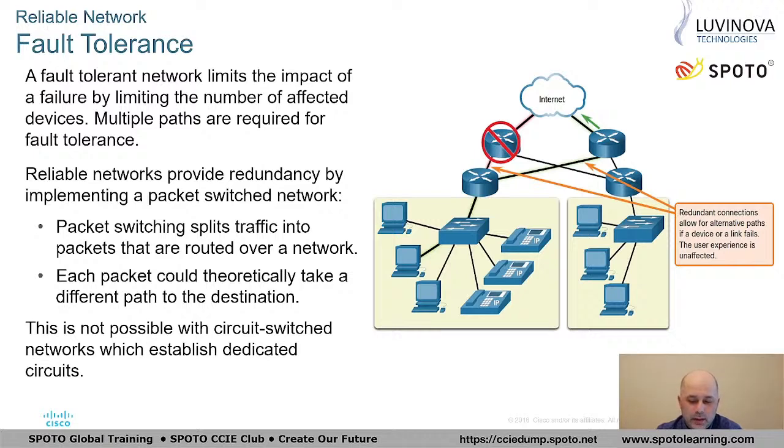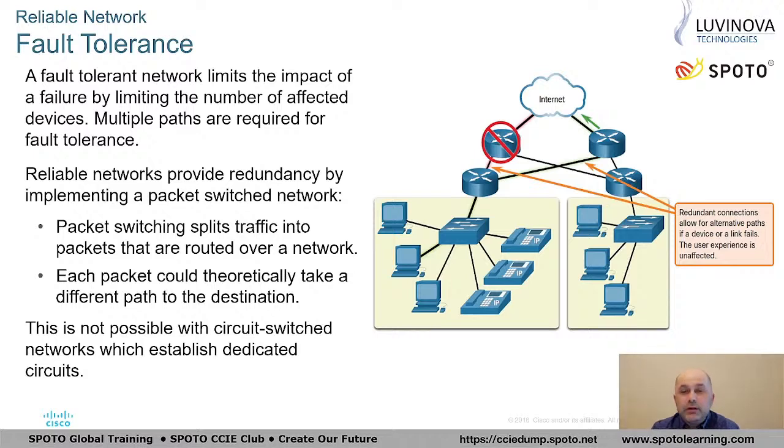It needs to go to one router on the left or one router on the right. If the router on the left is not responsive, or the path is broken, the router will choose another path to deliver the data. But the most important thing is we must have multiple paths to integrate the fault tolerance.